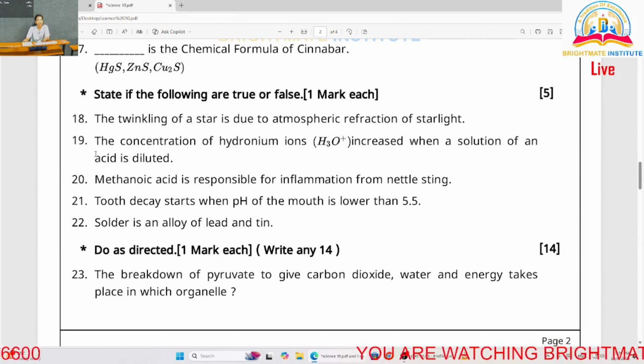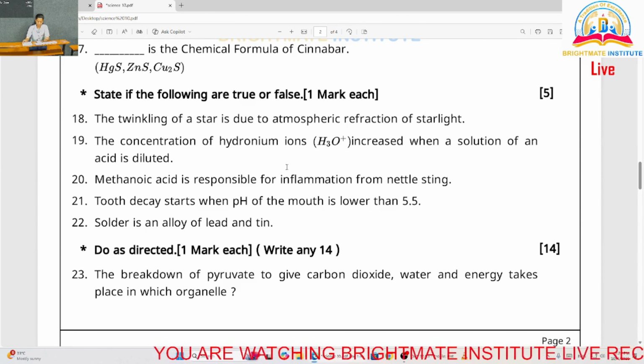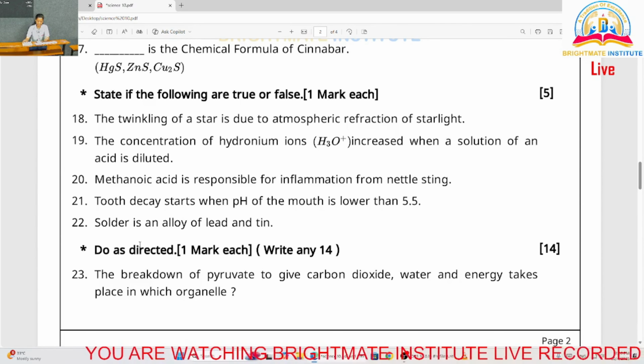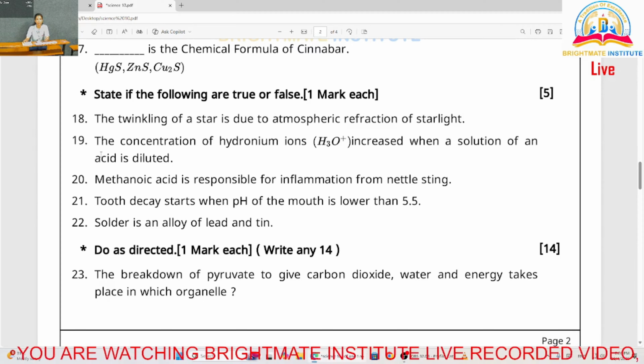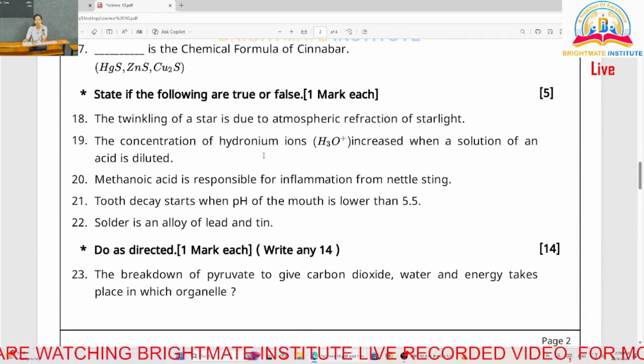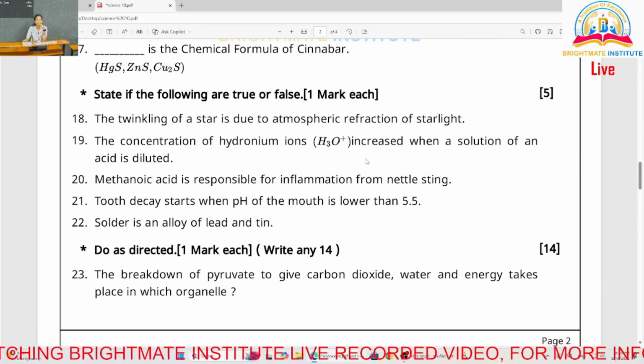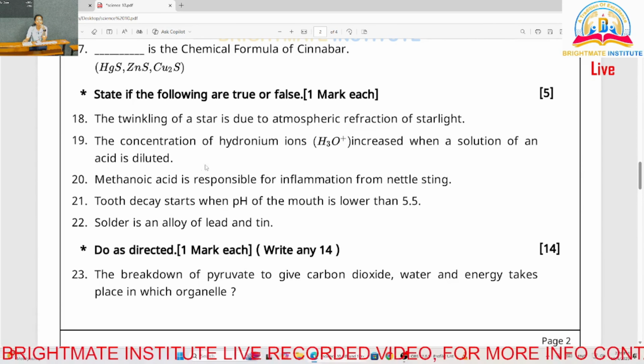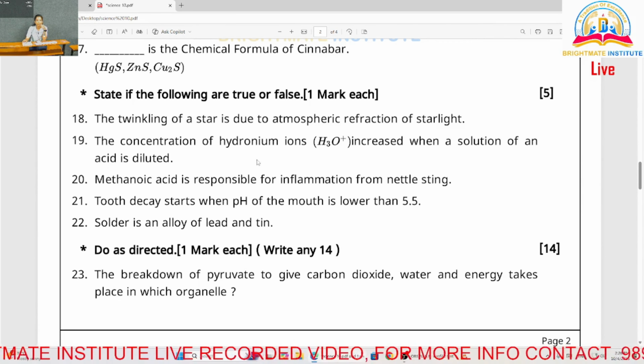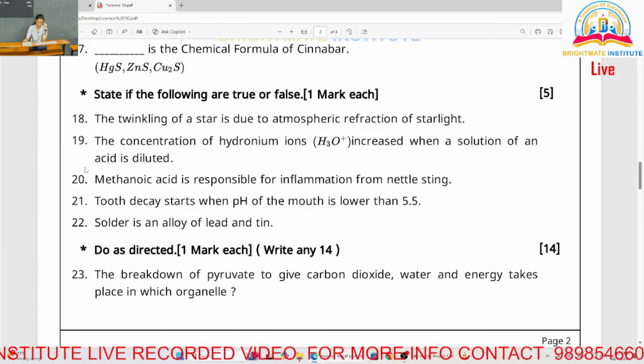Now 19: the concentration of hydronium ions, H3O+, increases when a solution of an acid is diluted. It is false. The concentration of hydronium ions does not increase when a solution of acid is diluted, so the statement is false.